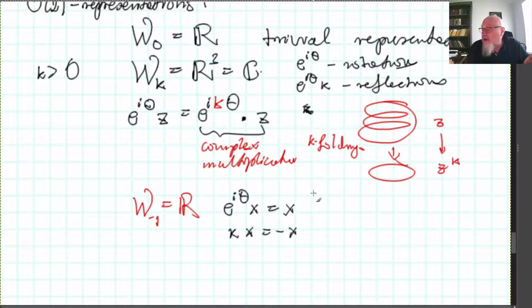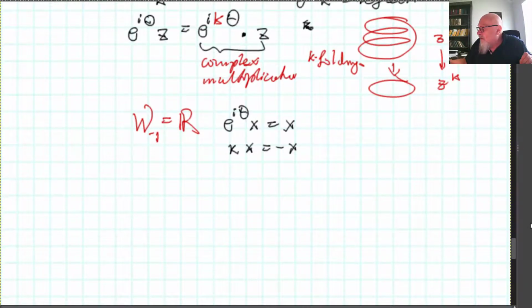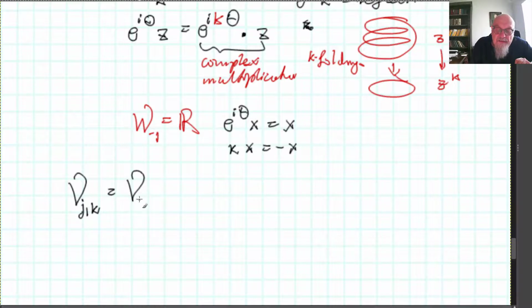So this is also one-dimensional. In such a case, it is convenient to use the notation that the representations of gamma times O2 will be simply JK, which is representation J tensor product of representation K.